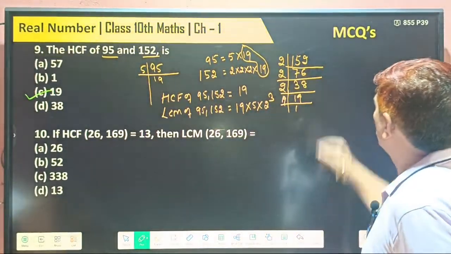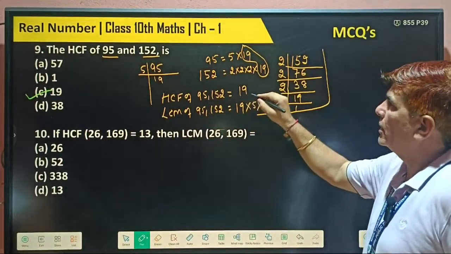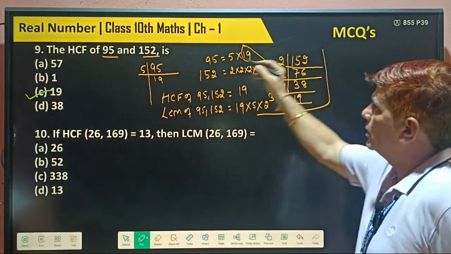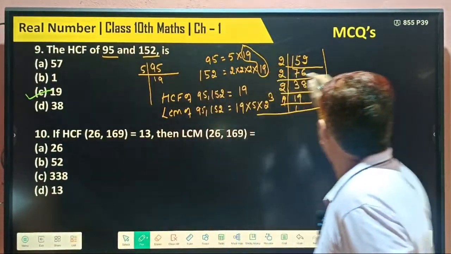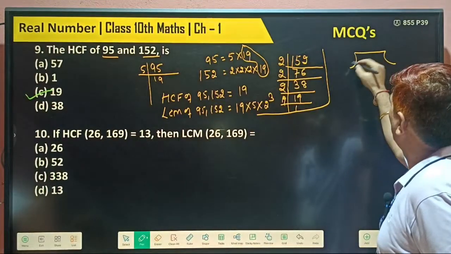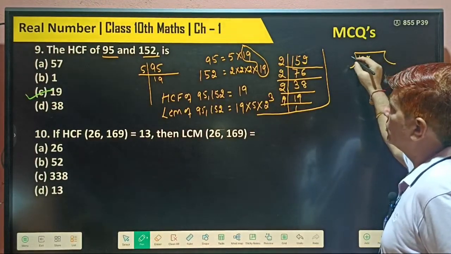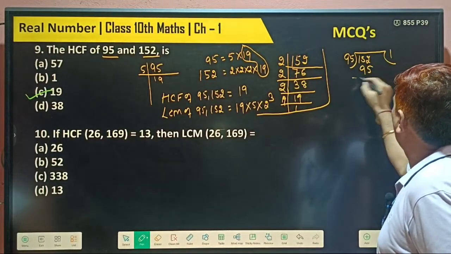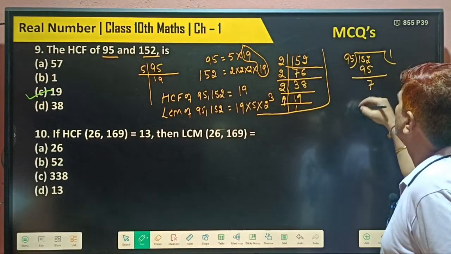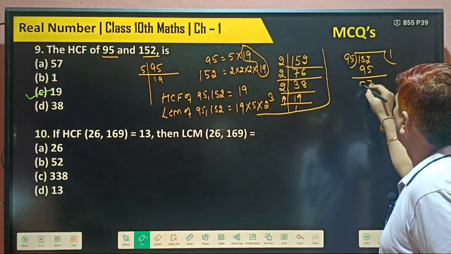Understood? Another method, the division method. This is 95, this is 152. Which one is greater? 152. So 152 we can write like this, and divide by 95. 95 times 1 is 95. How much is left? 57.